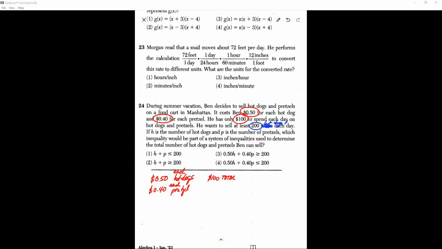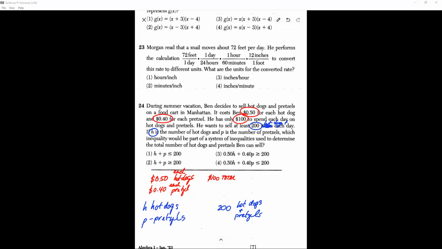He wants to sell 200 hot dogs and pretzels. Those are the items that he wants to sell. And it tells us that H is the number of hot dogs that he sells, so it's going to be H hot dogs, and we're going to try to figure out what that number is. And P stands for the number of pretzels that he sells.